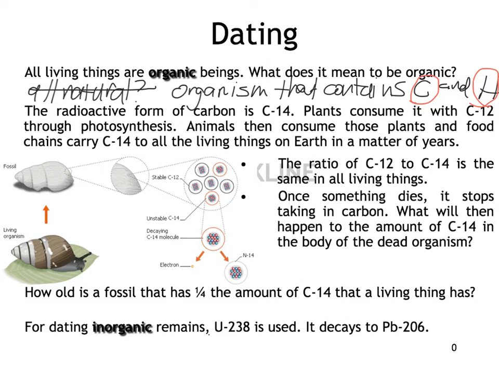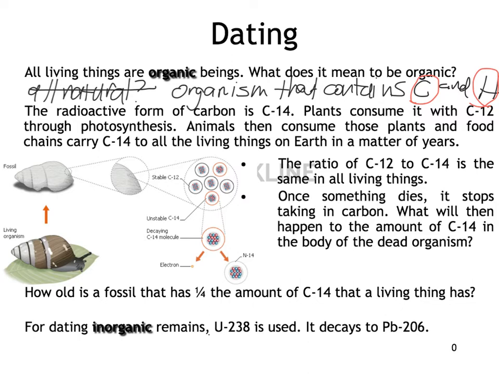And since we know how much carbon-14 should be in a living thing, and we also know the half-life of carbon-14, you can use those two pieces of information to figure out how old a fossil is when it perished. So basically, it's some fairly simple math, just based on the half-life that we've been learning.